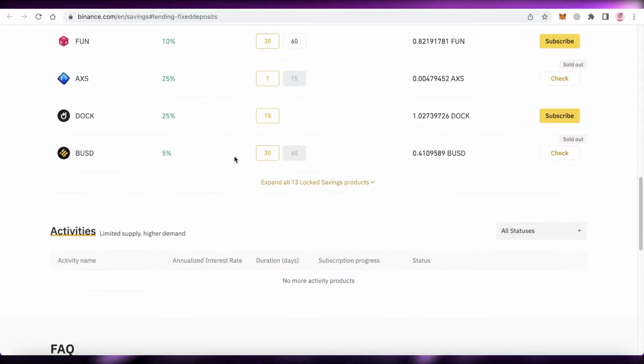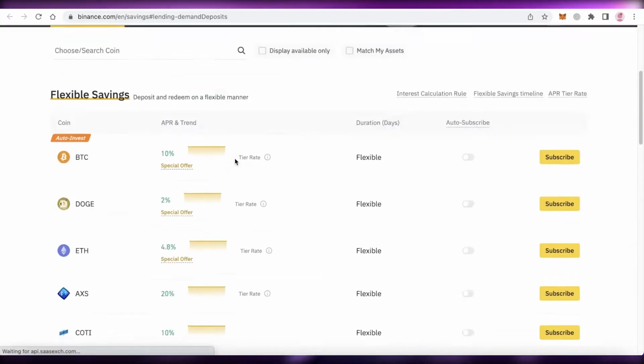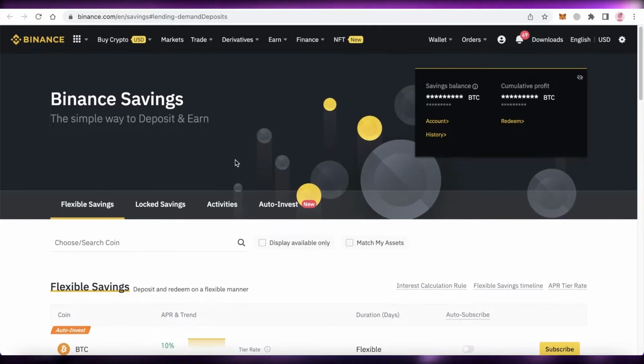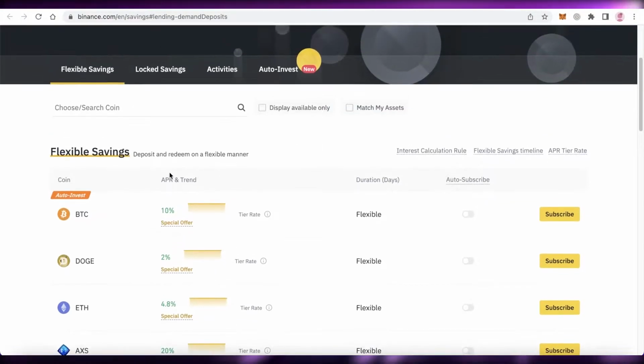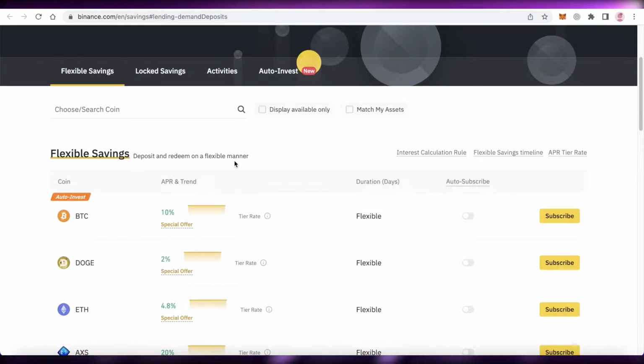They will just provide your money as liquidity in those situations, and after you input that money in your savings account, they will pay you an interest rate for keeping your money in that savings account. That is the basic function of Binance savings.